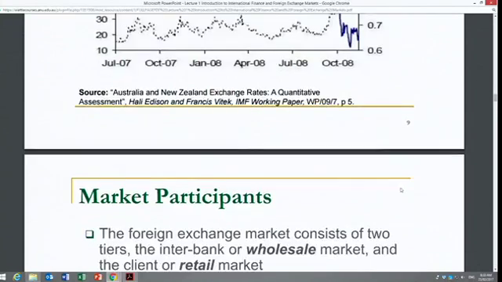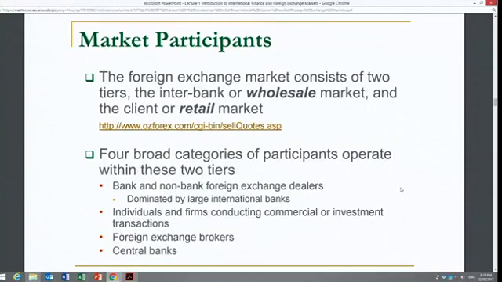So we've looked at how markets work, and at the same time, I've also explained how we would use notation in terms of denoting any exchange rate. We've also talked about the common currencies. So the next thing that we would like to discuss would be the people in this market. Ultimately, they're the buyers and sellers of the different kinds of currencies.